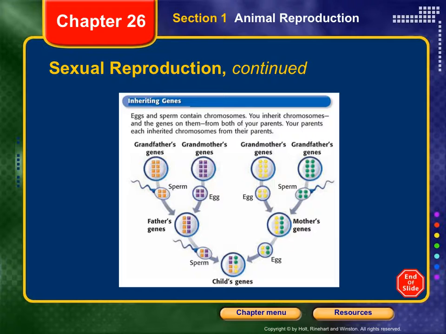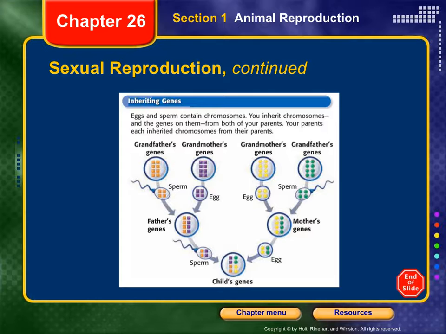You can see in the bottom picture here, the child has four sets of genes. They color-coded them purple, orange, green, and yellow. In this case, the child's purple and orange came from the father's side, and the yellow and green from the mother's side. And then you can see where they got those from each of their parents.